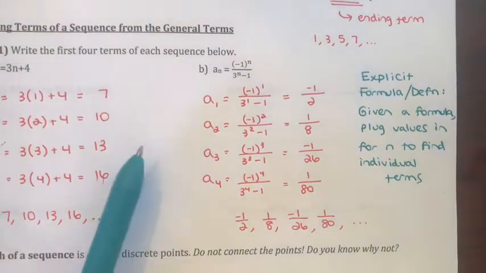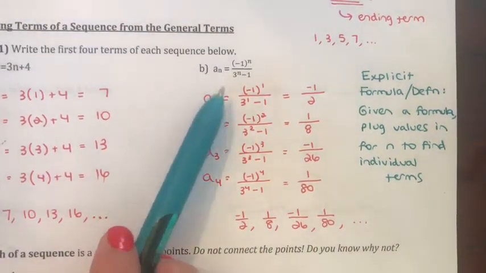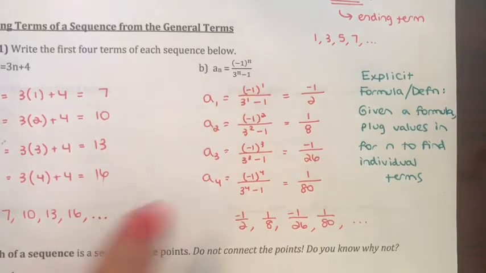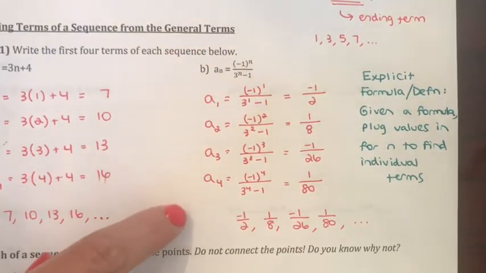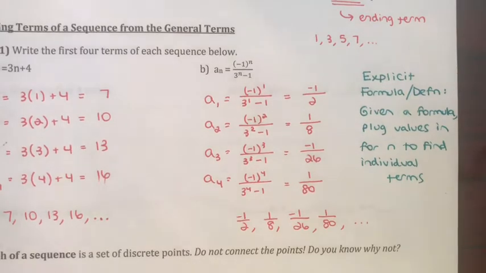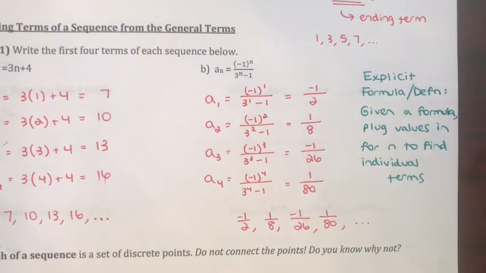So the way this formula worked here was that if I was looking for the first term, I would plug 1 in. If I was looking for the third term, I plug 3 in. If I find the 10th term, I plug 10 in. Okay, so that's called an explicit formula.